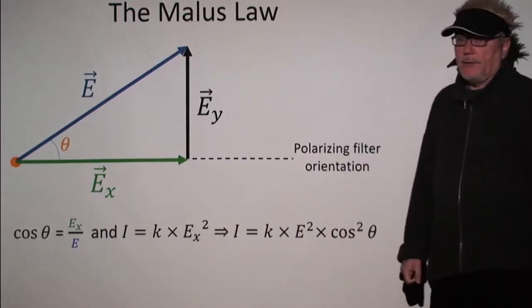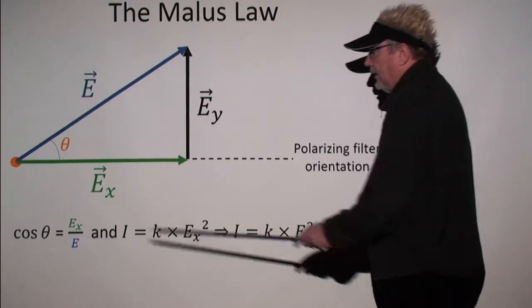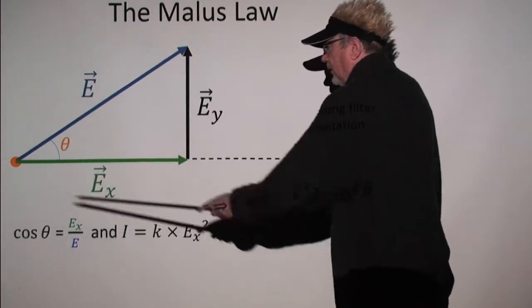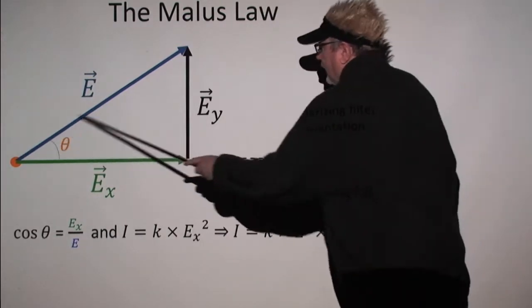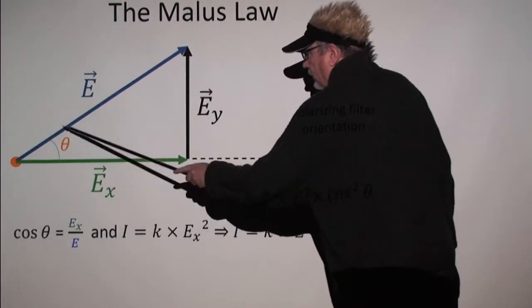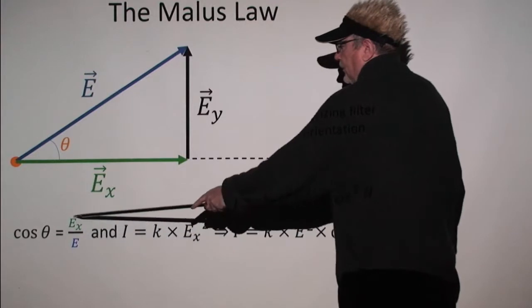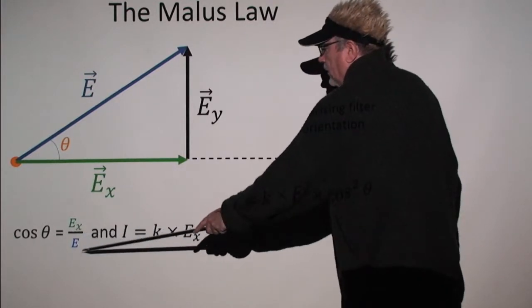Now, by definition, the cosine of this angle here will be equal to that side over that side. Therefore, cosine of theta is equal to Ex over E.